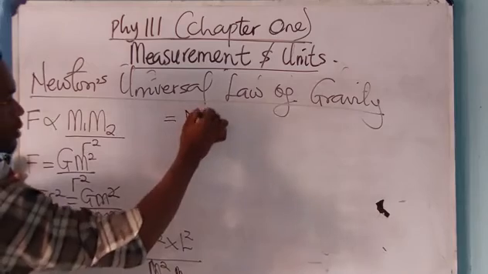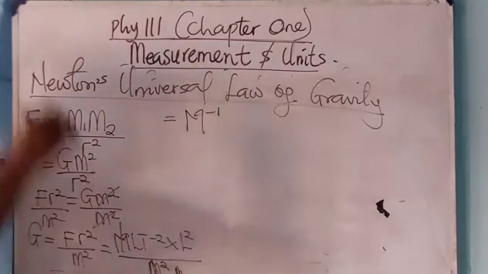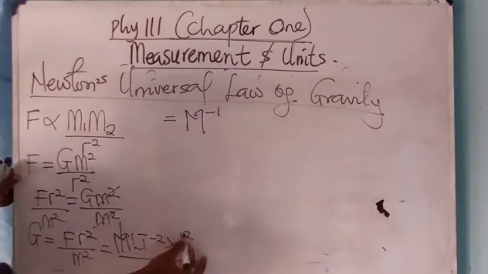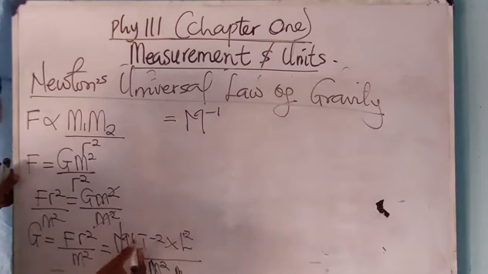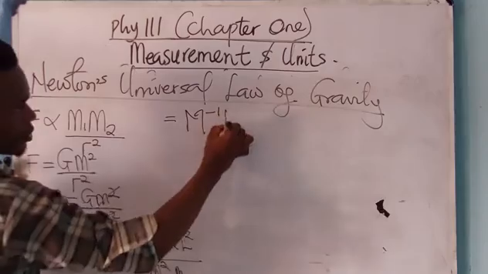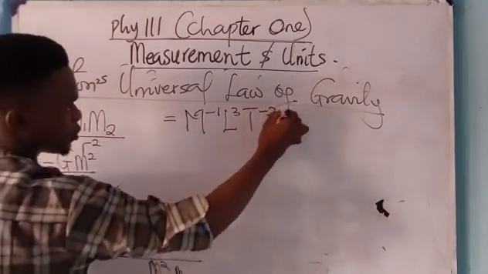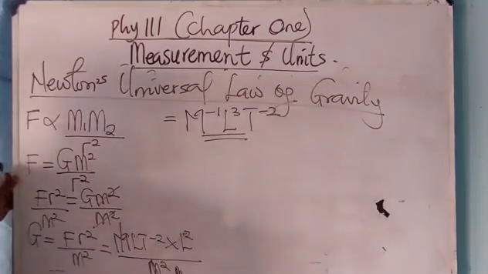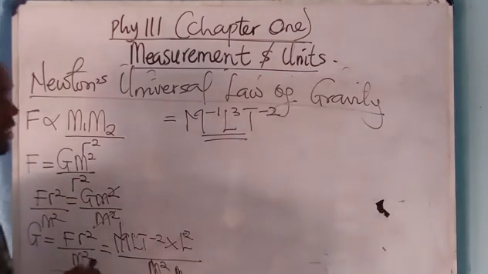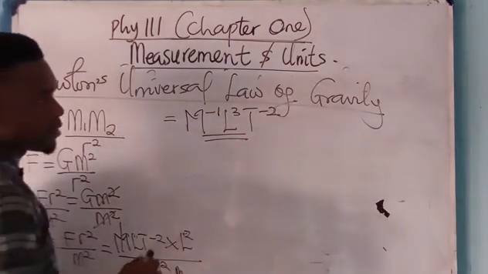It becomes M raised to the power minus 1. Then I have an invisible plus, I have plus 2 here, and I have plus 1, and this becomes L^3 and T^-2.